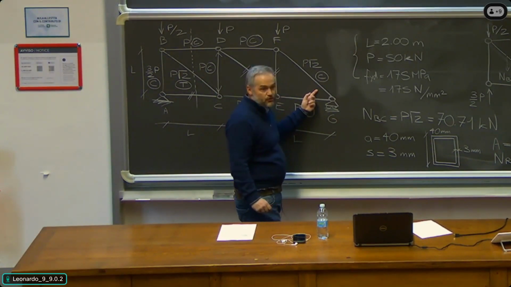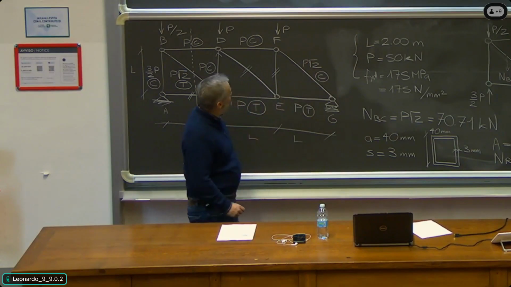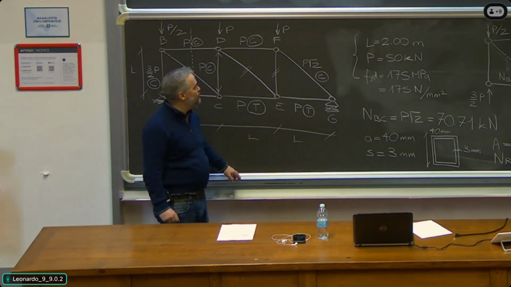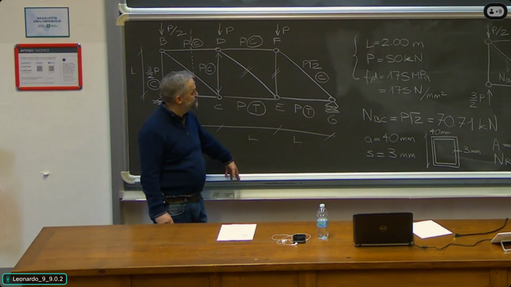Can you have a section which intersects 3 members and not more in your structure? Can you think about one? Whatever section you think about, you will reduce your problem to the node method.